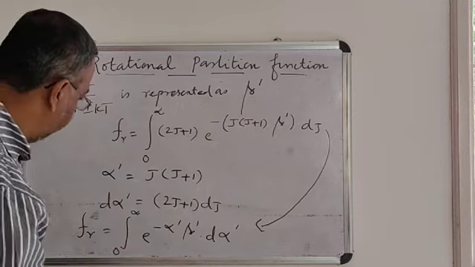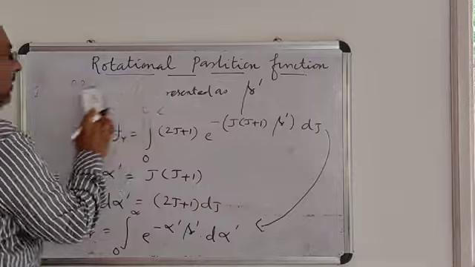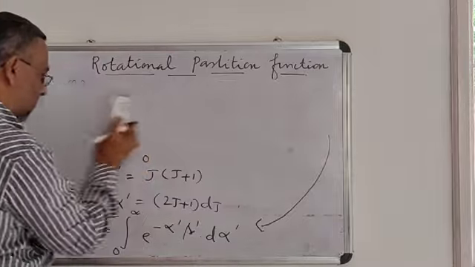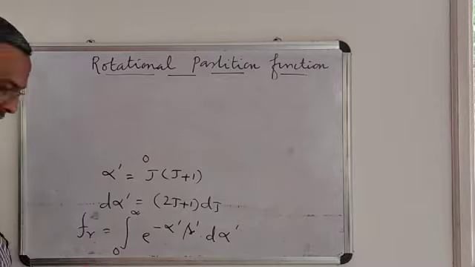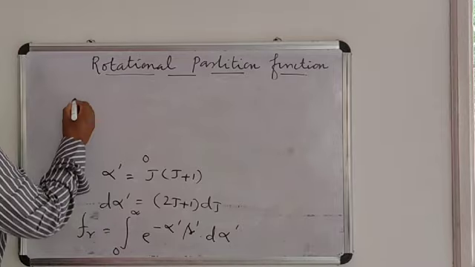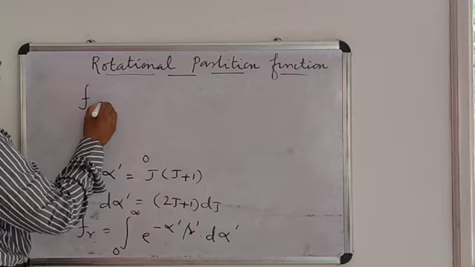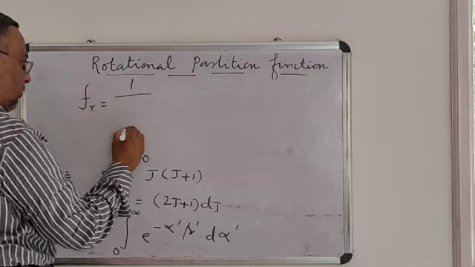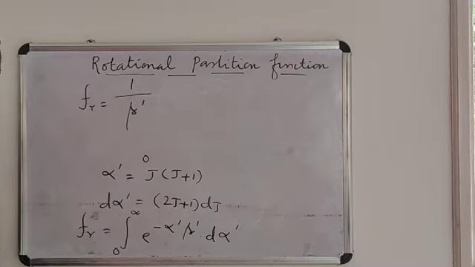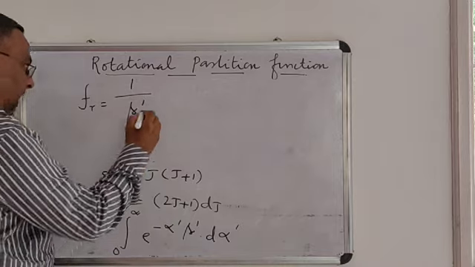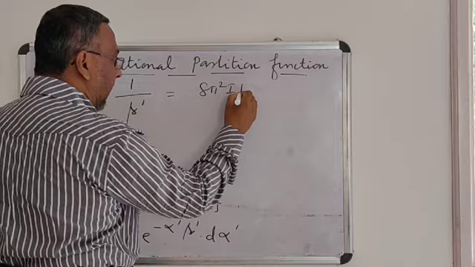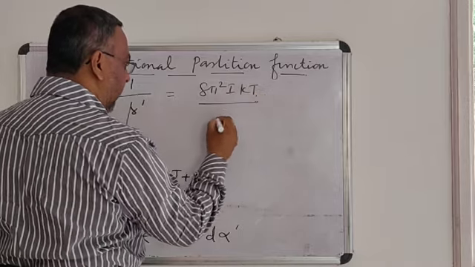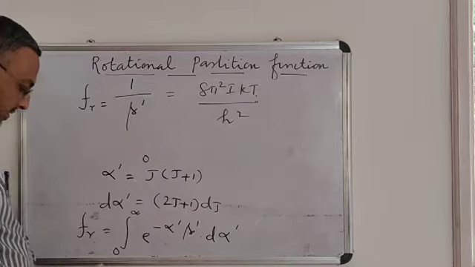On simplifying this equation, the rotational partition function will be equal to 1 by beta dash, which is 8 pi square I kT divided by h square.